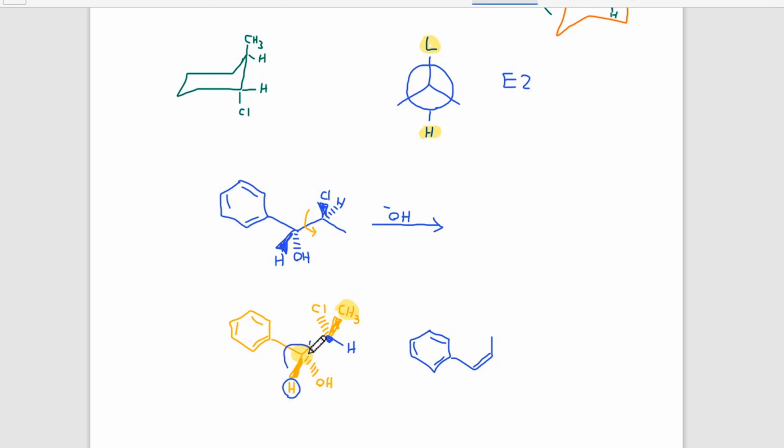The electrons are going to come here and kick this chlorine off, and it's going to be locked into this position, locked into this shape. You will not get this. That's not possible, because the hydrogen has to be opposite to the chlorine leaving group.